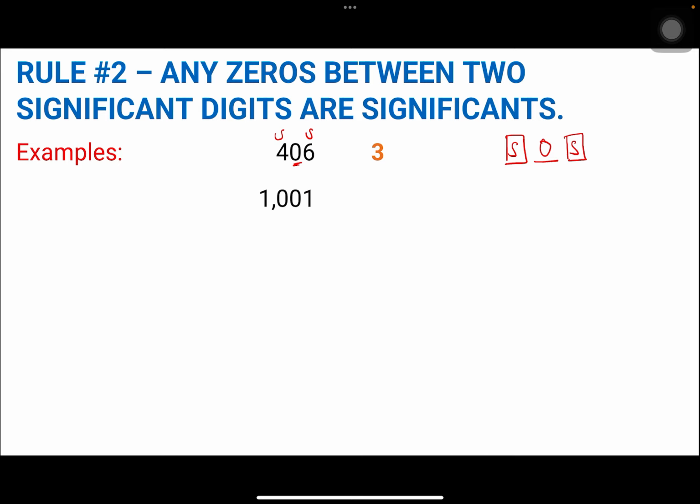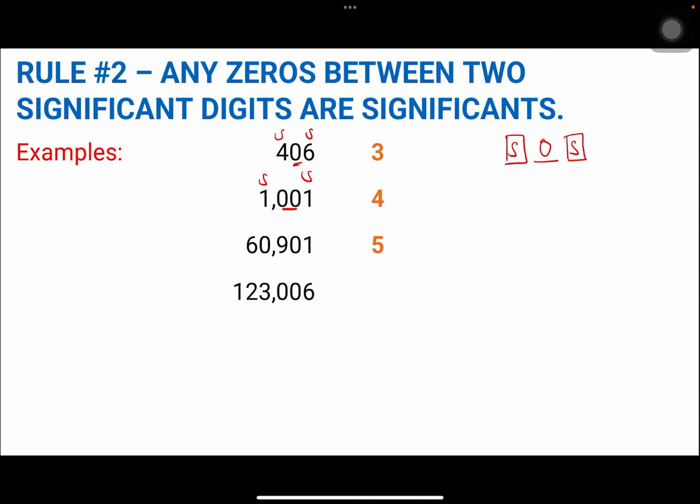Next, 1001. Significant si 1, significant si 1 din. Therefore, yung dalawang 0 magiging significant. Magiging 4 significant figures. Next, 60,901. Same, it will be 5 significant figures.